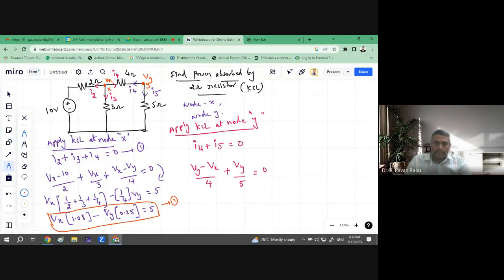Further, I can write this equation as minus 1 by 4 into Vx plus Vy into (1 by 4 plus 1 by 5) equal to 0.